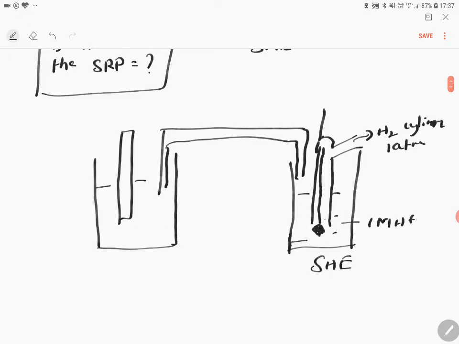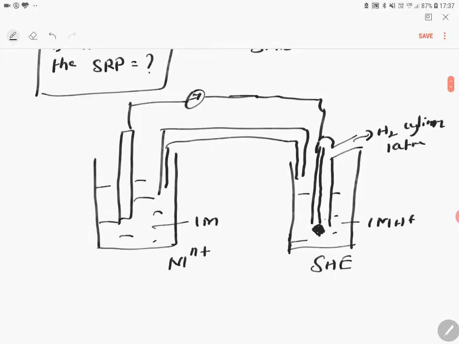Here you have 1 molar solution of the metal ions, and you are connecting this to a voltmeter. Yes, you don't have a battery in an electrochemical cell, I'm sorry.